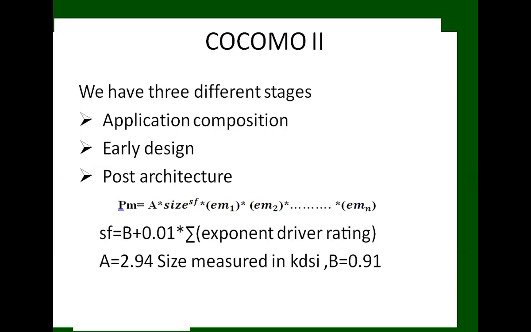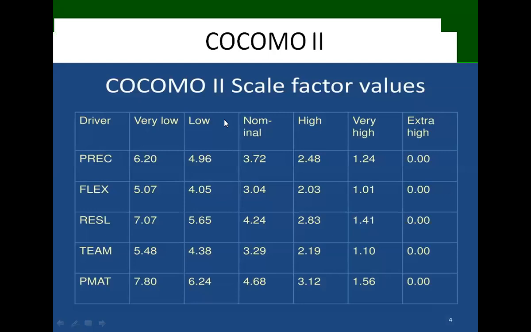Here B is a constant, we take the value 0.91, and A is also a constant. Its value is 2.94. Okay. So this is the COCOMO 2 scale factor values.